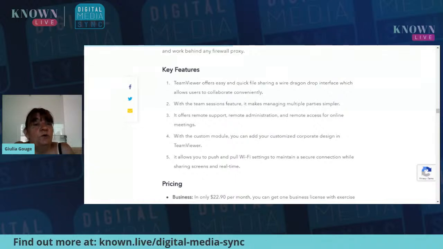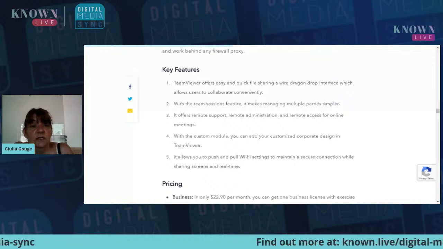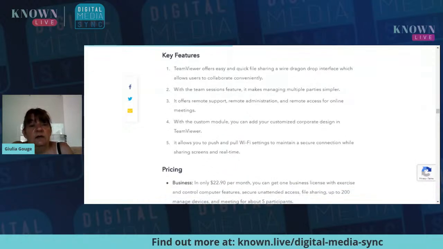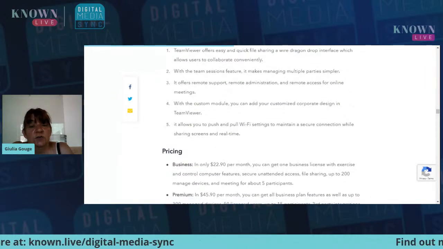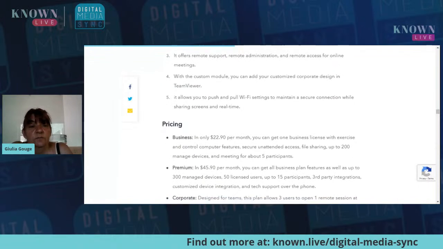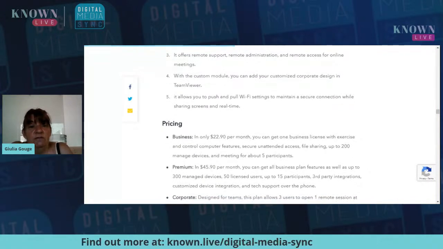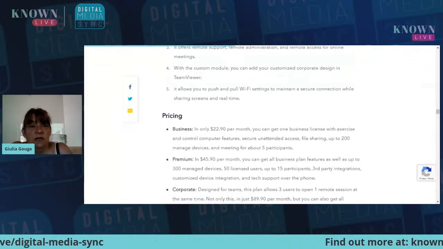It offers remote support, remote administration, and remote access for online meetings. And then with the custom module, you can add your customized corporate design in TeamViewer. Okay. It allows you to push and pull Wi-Fi settings to maintain a secure connection while sharing screens in real time. That's a big one.